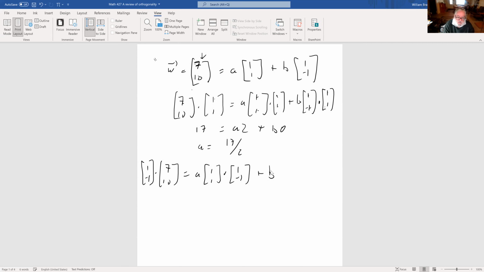This becomes 7 minus 10, which is minus 3. This is 0 as they're orthogonal, plus B times 1 plus 1, which is 2. So a pretty easy way to find the coefficients A and B.